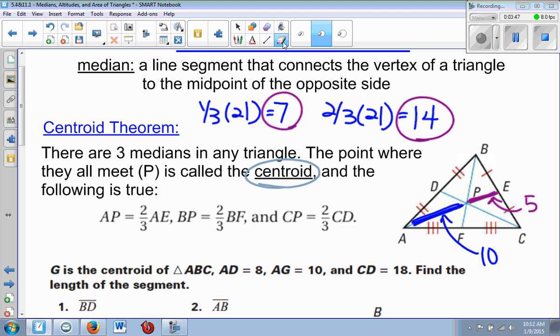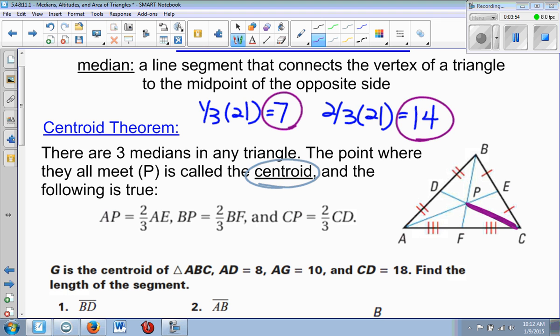We can also look at it another way. Say that I tell you that on this median, that piece is 12. So P to C is the larger portion of the median. If I wanted to find the smaller piece that I just highlighted in blue, it's half of that large piece. So if the purple piece is 12, that means the blue piece would be 6.